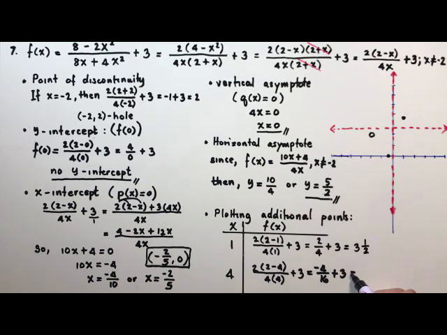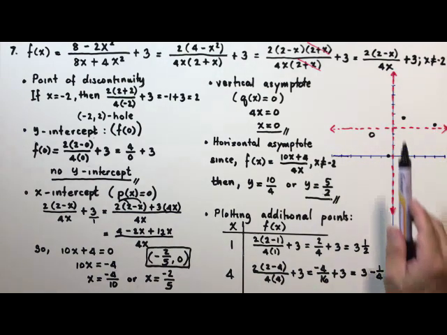So this is now 3 minus 1/4. And 3 minus 1/4, it's 2.75 in decimal. So when your x is 4, 1, 2, 3, 4, your y is 2.75. So 1, 2, but at the horizontal asymptote that is 2.5, but our point is 2.75, so it's here.